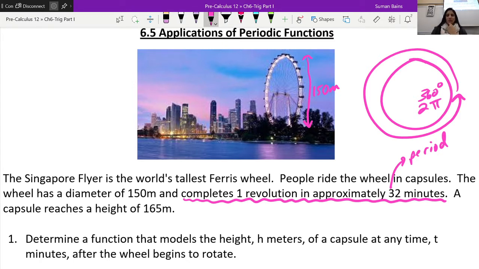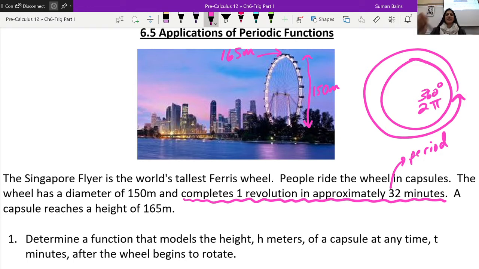A capsule reaches a height of 165 meters. Okay, so this is 165 meters, but the diameter is 150. It doesn't say it explicitly, but what can we decide based on the information we have here?